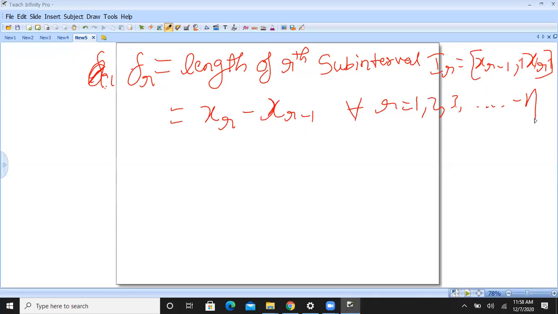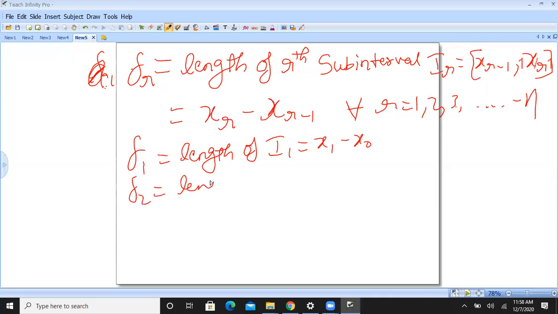Let's take an example. Delta 1, the length of I_1, is equal to x_1 minus x_0. Delta 2, the length of I_2, is equal to x_2 minus x_1.